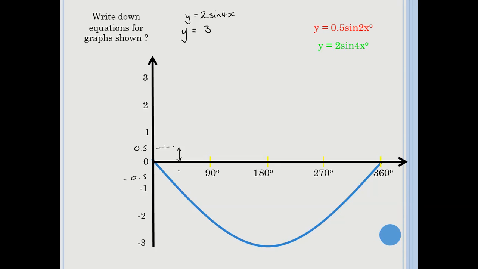However, it's the mirror image, so it's going to be negative 3 sine. It's only repeating itself halfway in 360, so it's going to be 0.5x. That one's a very tricky one.